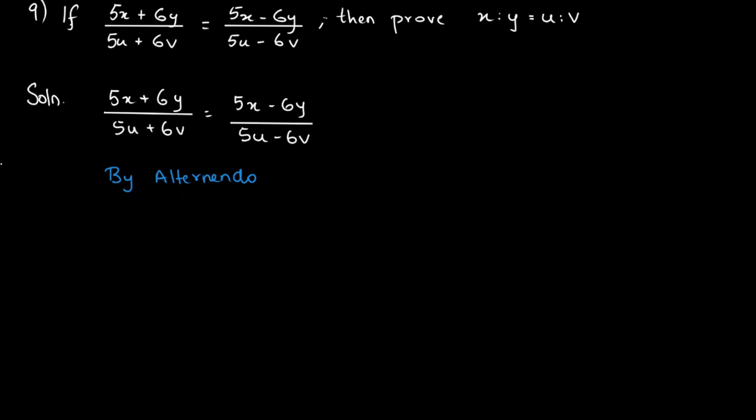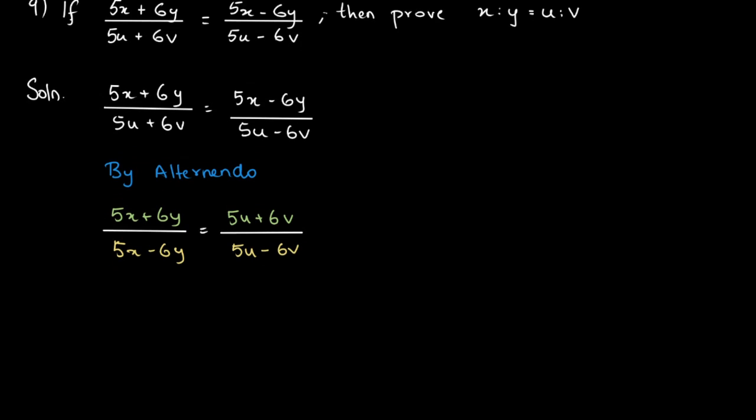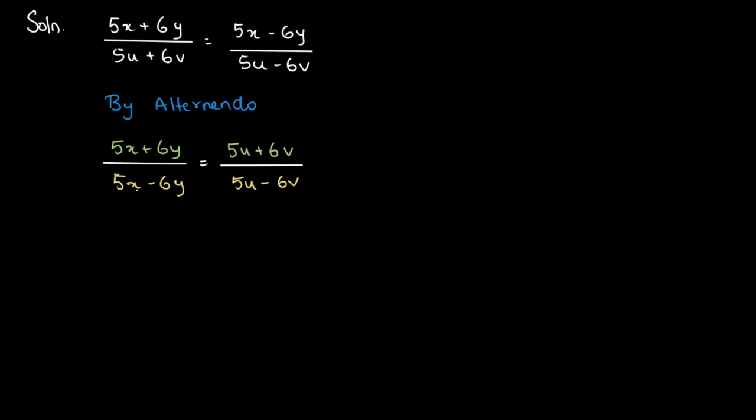I can say that (5x plus 6y) divided by (5x minus 6y) is equal to (5u plus 6v) divided by (5u minus 6v).